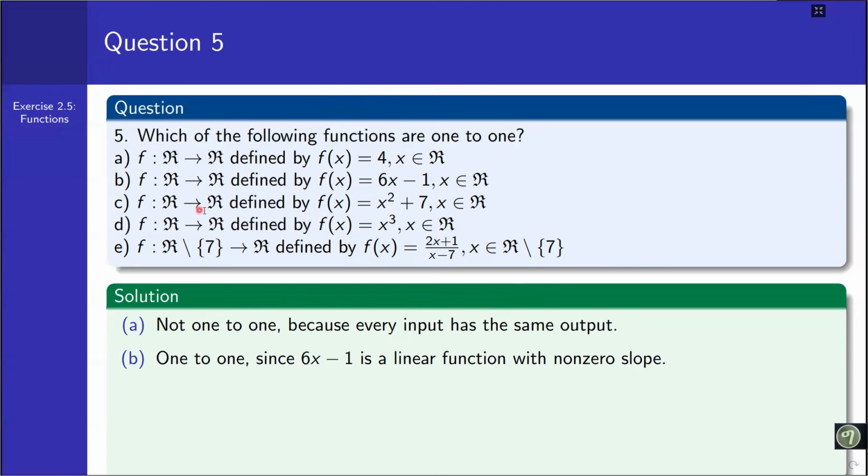ሶስተኛውን እዚህ ጋር f of x equal to x square plus 7 whenever x is an element of R. ይህም ስንመለከት ደግሞ it is a quadratic function. ስለዚህ ይሄ ፋንክሽን it is not a strictly increasing function.